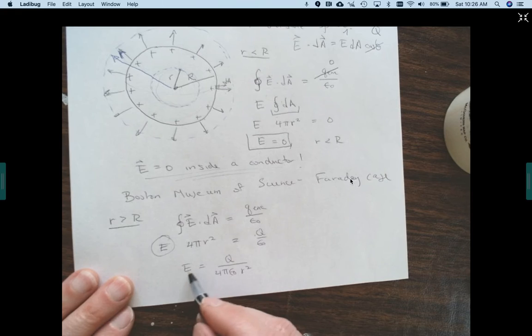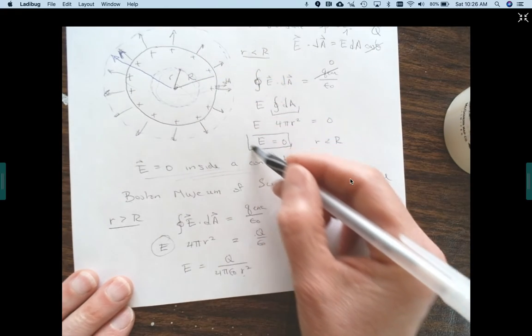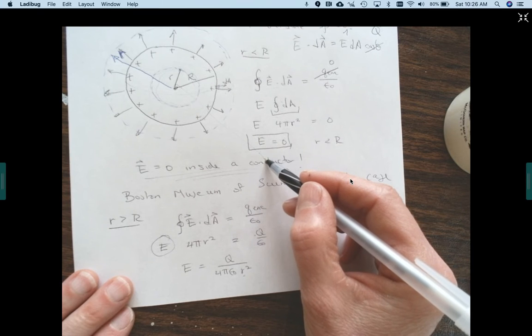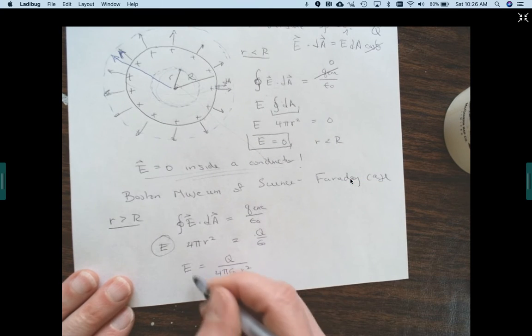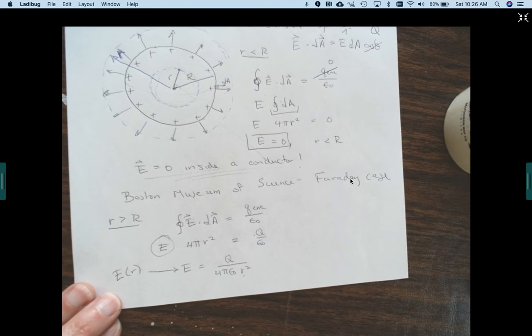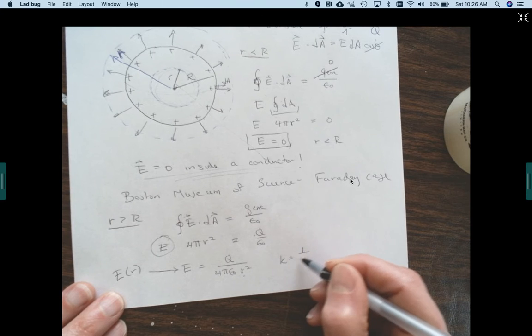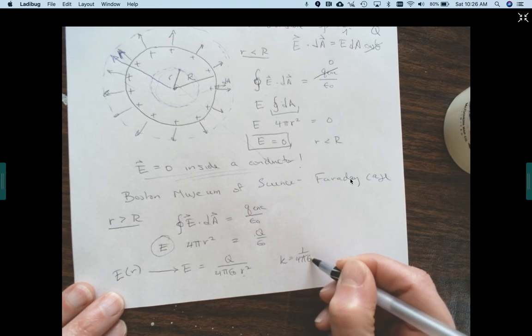And it's really telling us the electric field as a function of radius, right? Because if I move my sphere out, the electric field is going to drop off. So this is really E as a function of r. And remember as well that k is 1 over 4 pi epsilon naught.